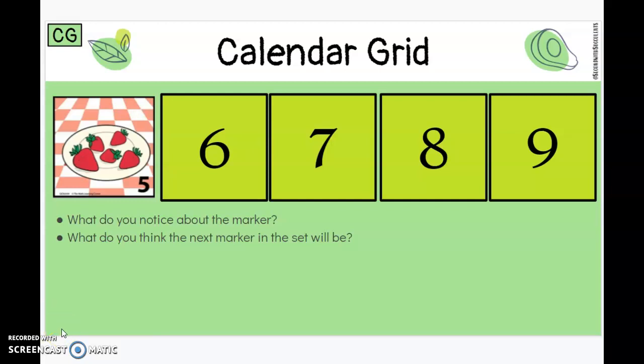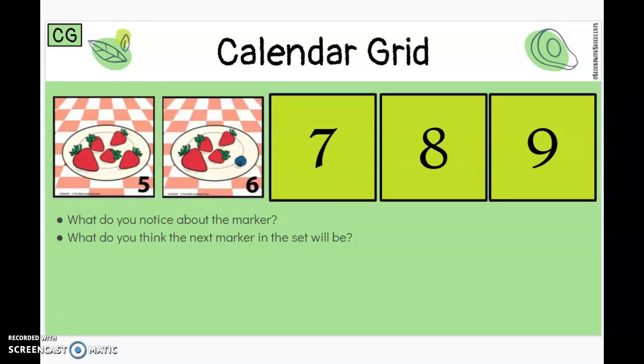Do you think you could make a prediction about what our next calendar marker will look like? Remember, just like our first set of the garden beds, all of our markers will be pretty similar. Let's look at the next marker and see if your prediction was correct. Show a connection if you were thinking our calendar marker would look like this.